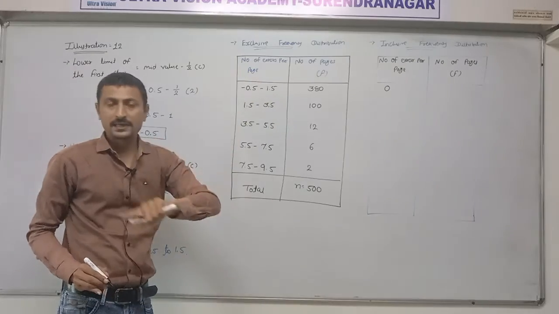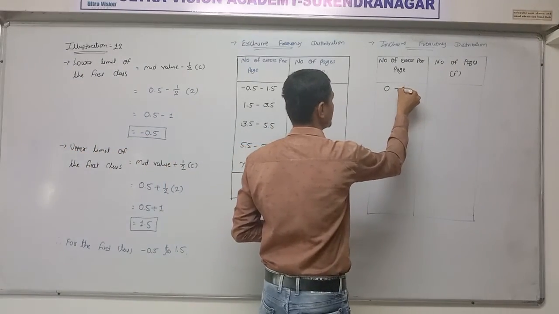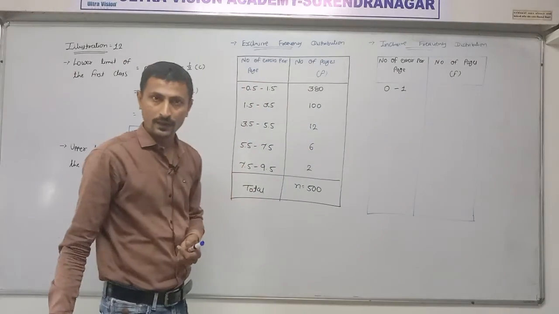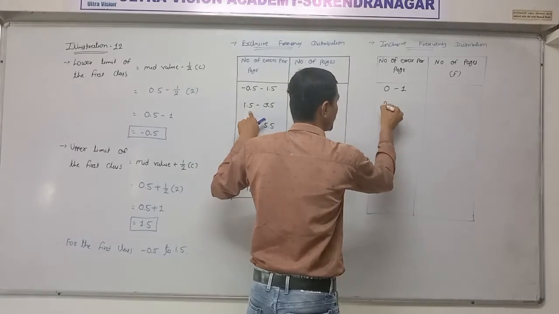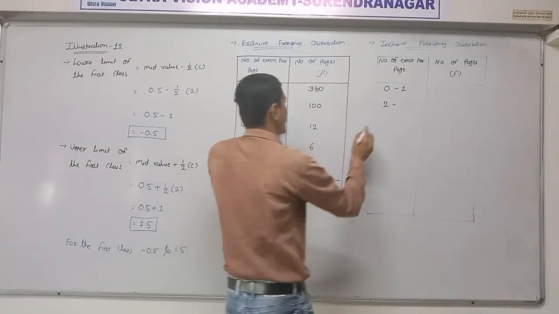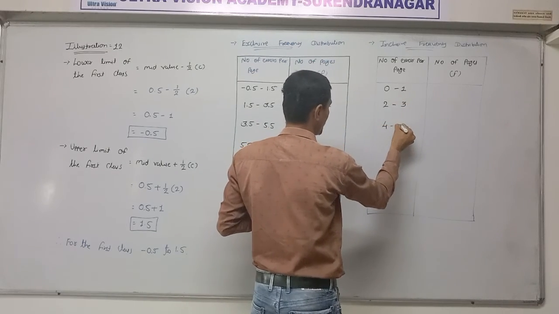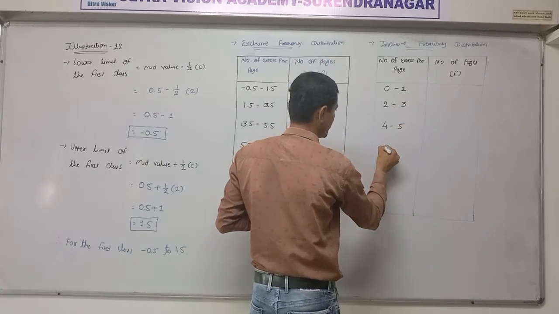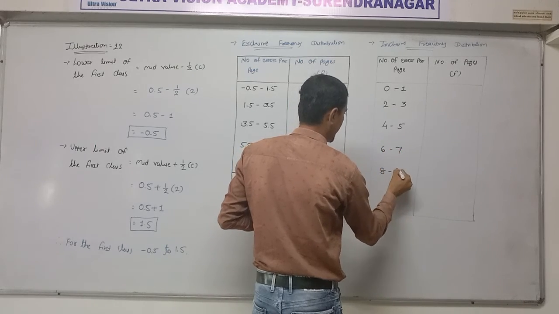1.5 minus 0.5, so 0 to 1. 1.5 plus 0.5 is 2, and 3.5 minus 0.5 is 3. So 0 to 1, 2 to 3, 4 to 5, 6 to 7, 8 to 9.